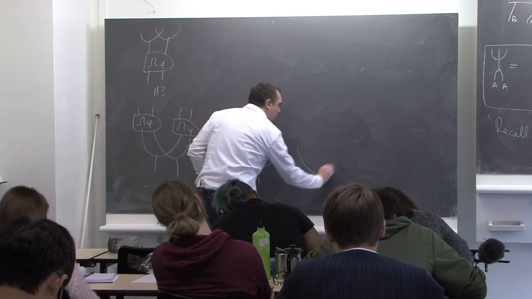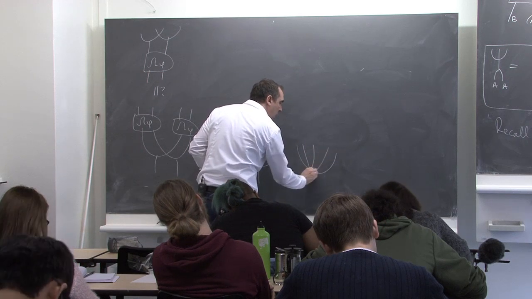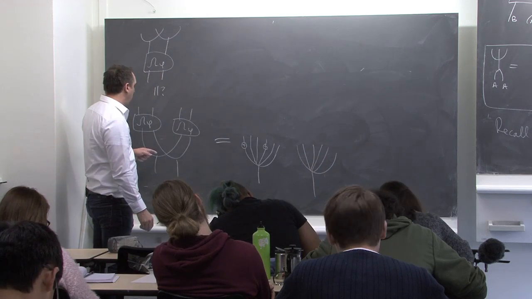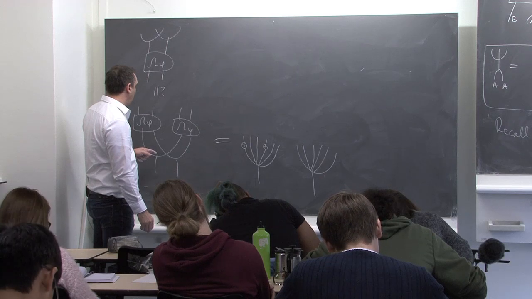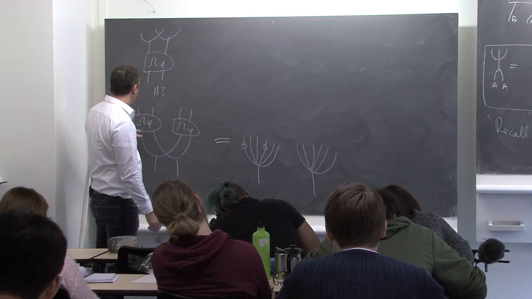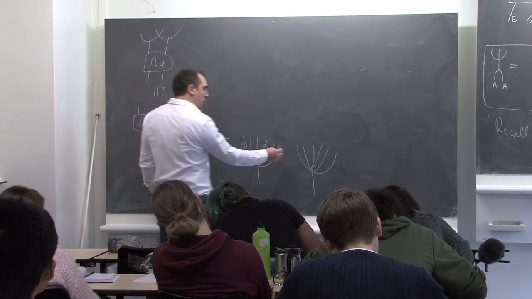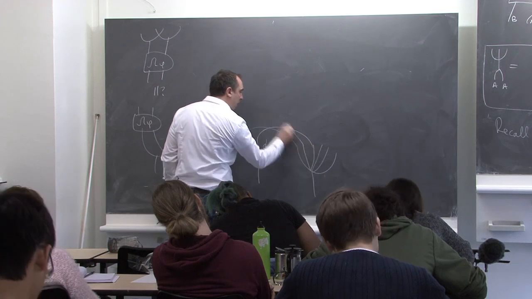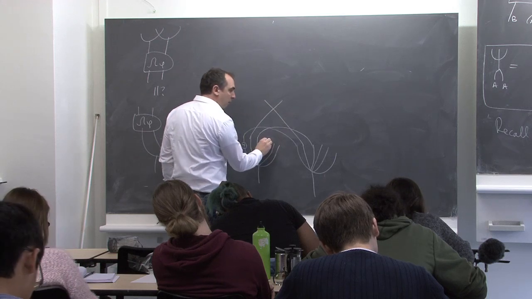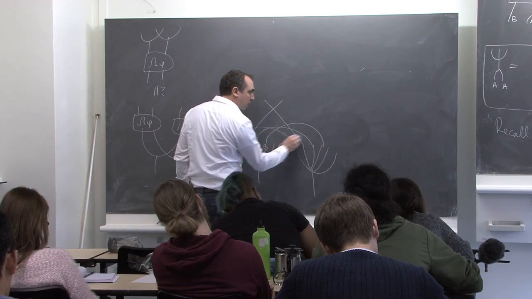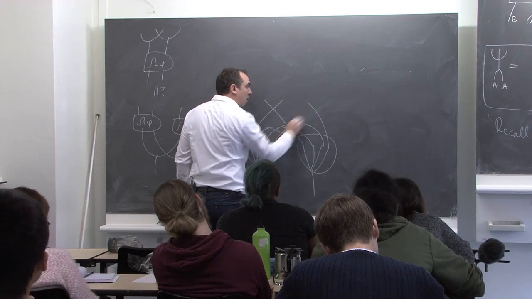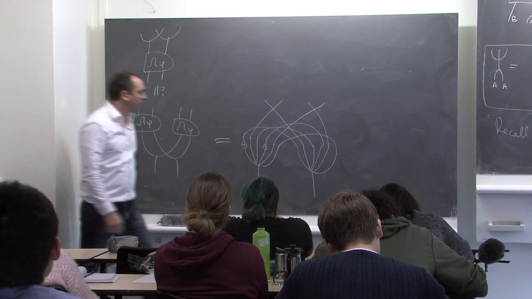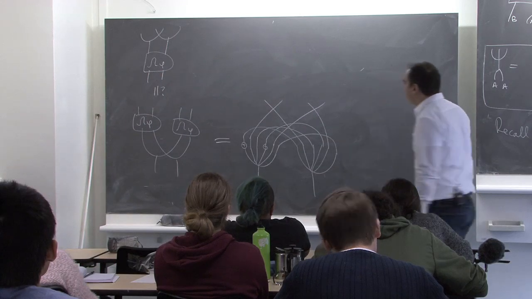Now I have another one. And then the first to the first, the third to the third, and I cross. The first to the first, the third to the third, and I cross. So this is this one.